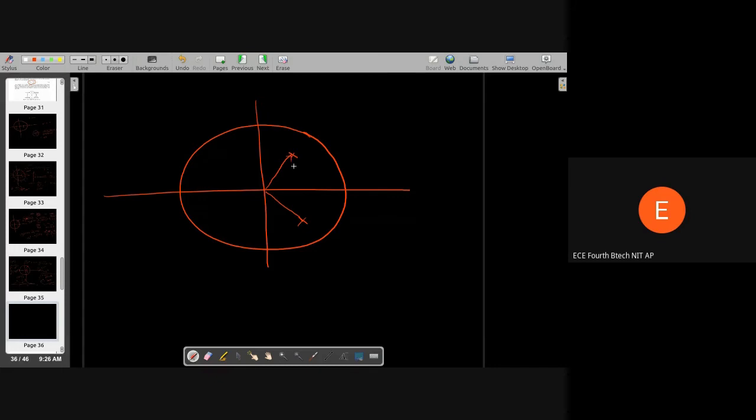We can represent these two as Z1, Z1 star. What do I have? Z minus Z1, Z minus Z1 star. And what is Z? Any arbitrary Z. When Z equals e to the power j omega, this is what it is, any arbitrary point where this is omega, with R equal to 1. So this is nothing but a distance between the vectors. Let's call it d1.